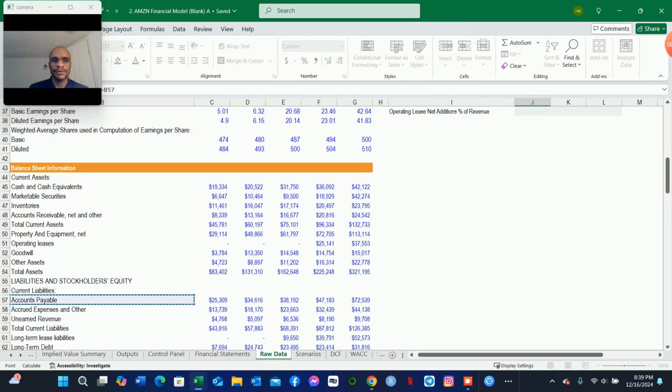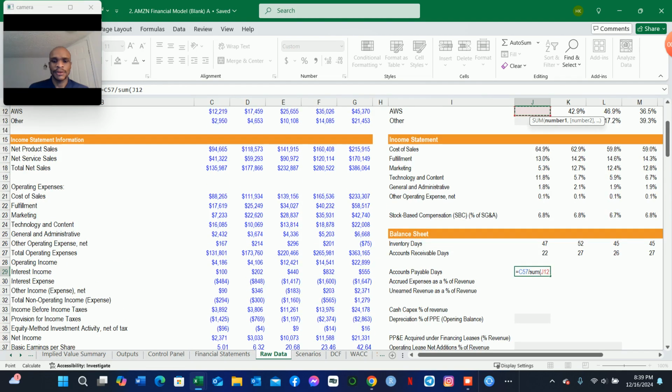divide that by the line items on Amazon's operating costs that Amazon has payable terms on.